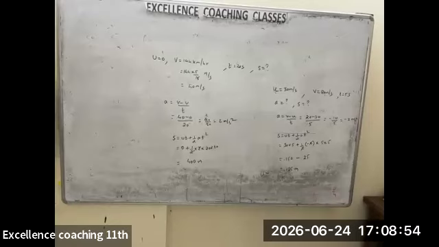An object moves in a circle because of a force. Which is that force? It is centripetal force. Or centripetal acceleration it is called.